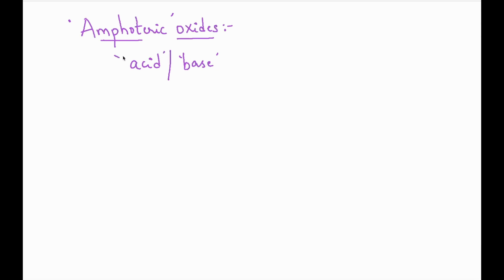In contrast, the basic oxides can only react with acids. The examples that we study here can act both as an acid as well as a base. Two best examples of amphoteric oxides include zinc oxide and aluminium oxide. Zinc and aluminium are both metals, so amphoteric oxides are just a subclass of metal oxides.